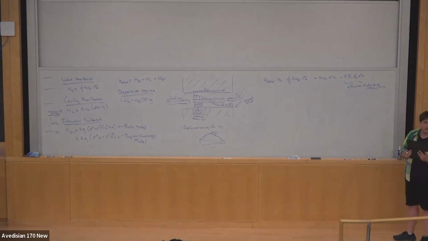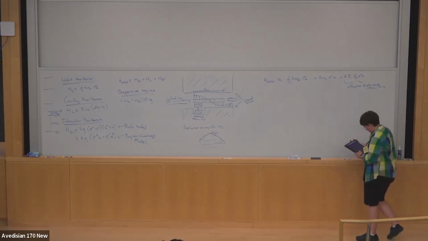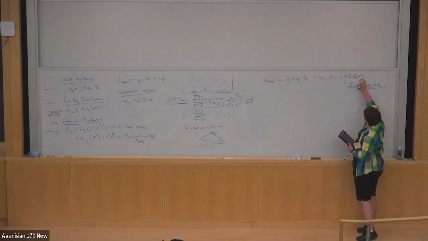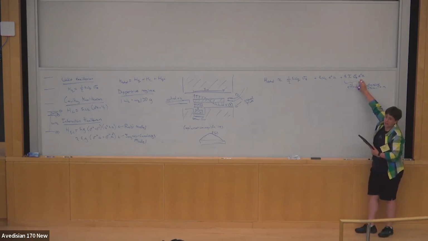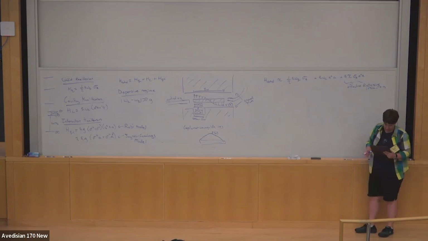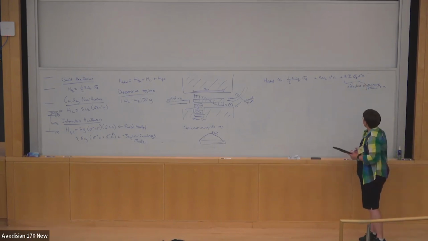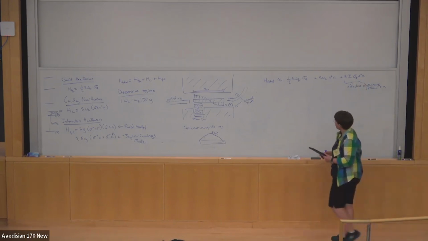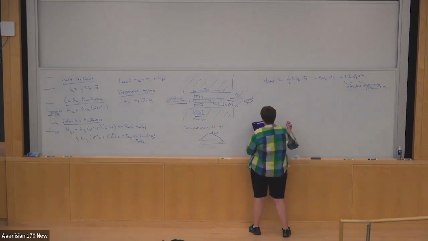This is, I think, a fairly weird looking term if you haven't spent some time contemplating it. It's the product of a photon number operator and a qubit sigma Z. And so I find that it's much more useful to rewrite this in the following way.